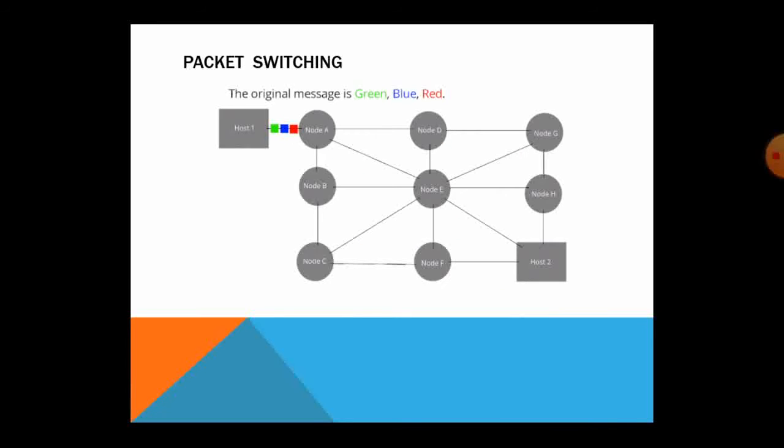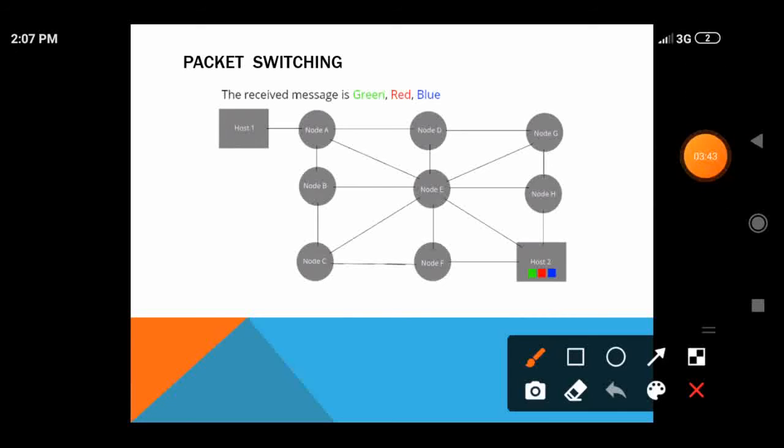The next process is packet switching. In packet switching, if your message is too large, the message can be divided into a number of packets. Here we have host 1 and host 2. We are sending the packets green, blue and red.